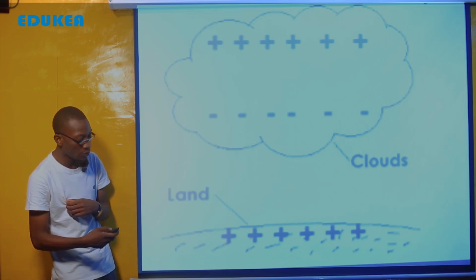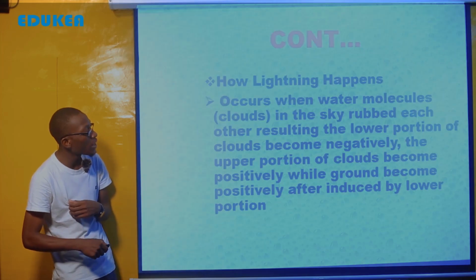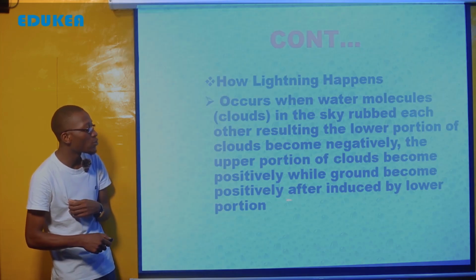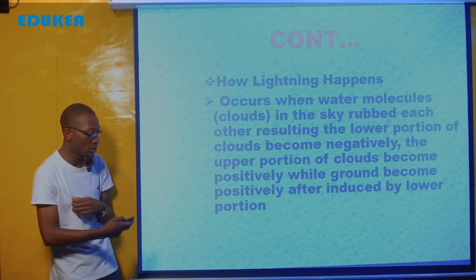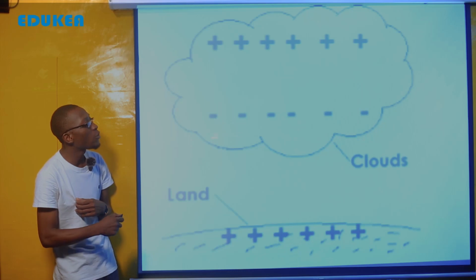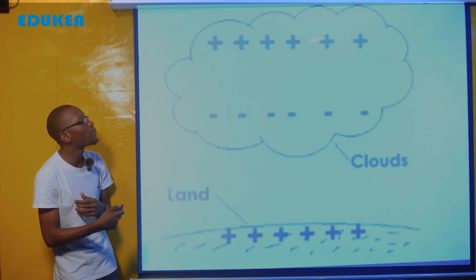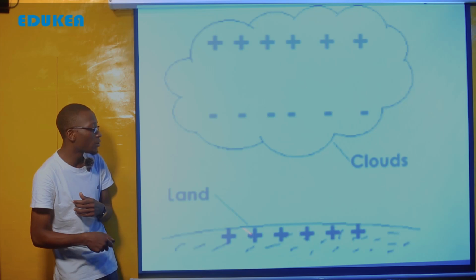That is what we say: the ground becomes positively charged after induction by the lower portions. The lower portion of the cloud becomes negatively charged, the upper part of the cloud becomes positively charged, while the land becomes positively charged.